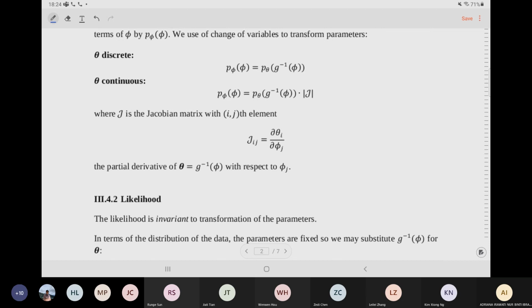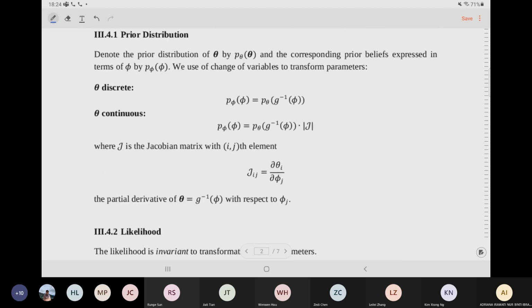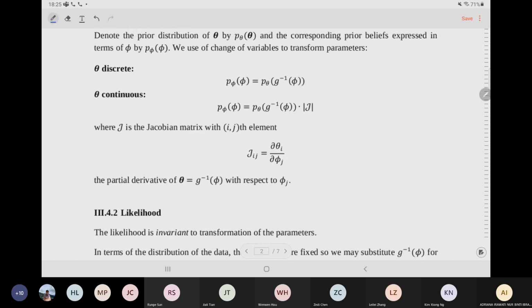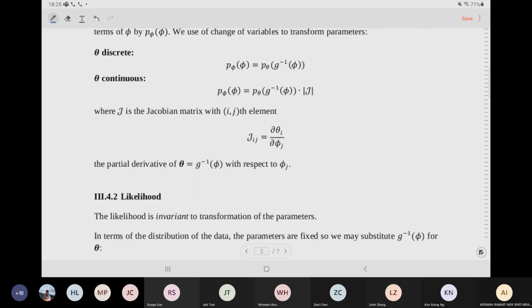If you have your prior, you have to use the transformation, for example the change of variable technique, to transform from theta to phi. It means you have to transform the PDF of p theta to p phi.